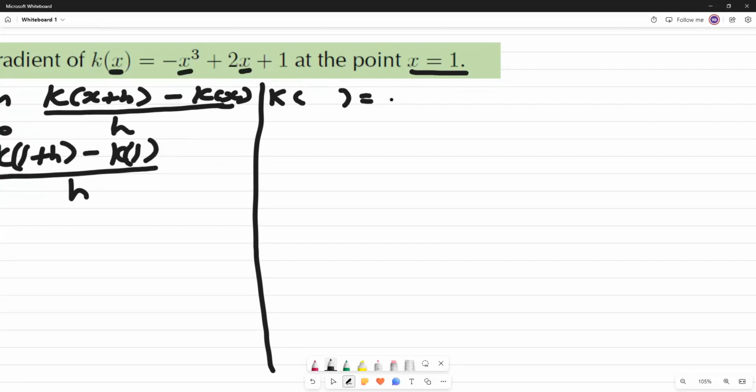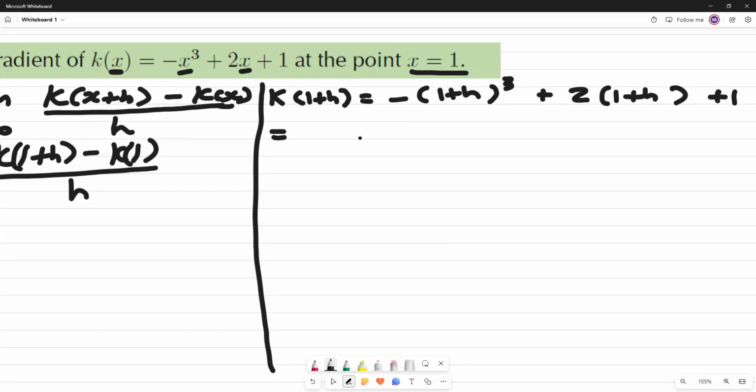So it's minus bracket cubed plus 2 bracket plus 1, right? And then this one, we're going to firstly look at f at 1 plus h. So I'm going to have 1 plus h. Then I'm going to have 1 plus h.